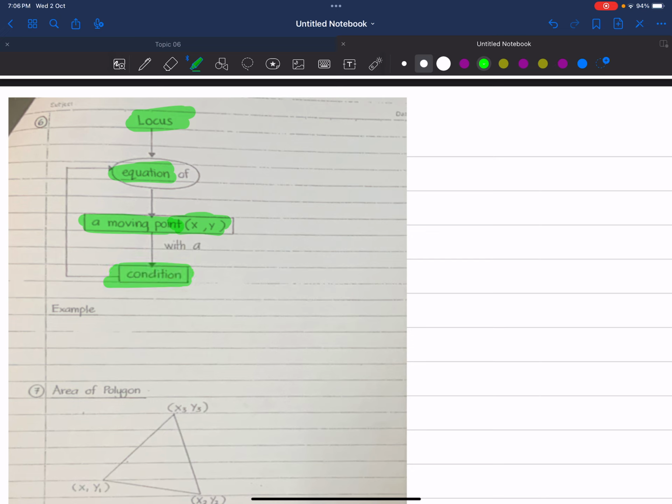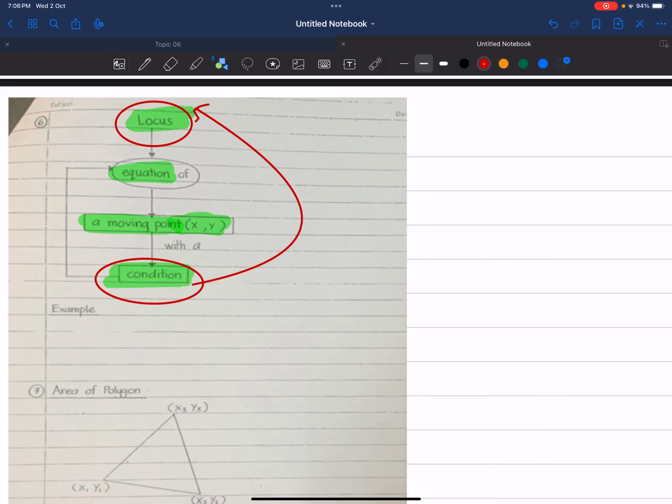It is from the condition that we are going to get the locus. So every time you do a question on locus, you must find the condition, and the condition is always given. From the given condition, we will find the locus. Later we will be doing questions.